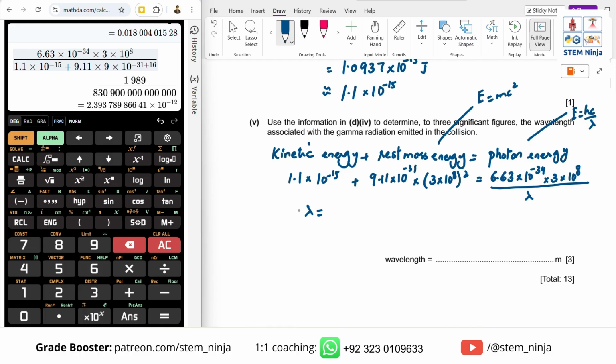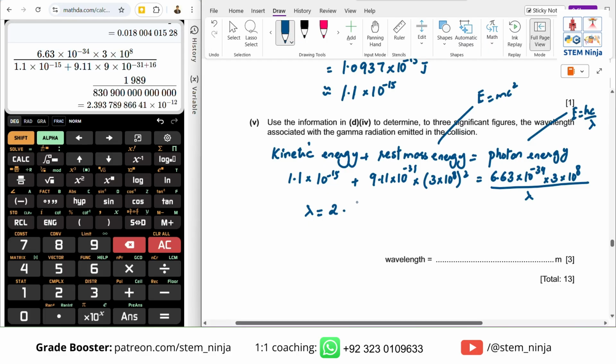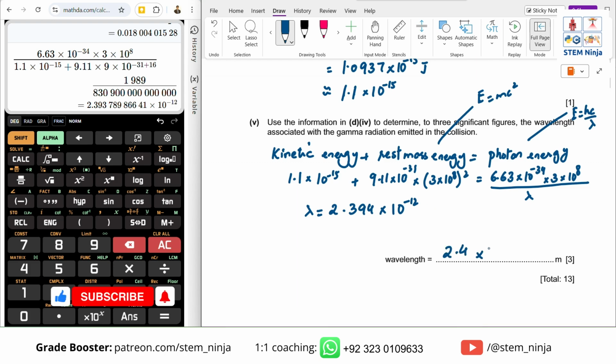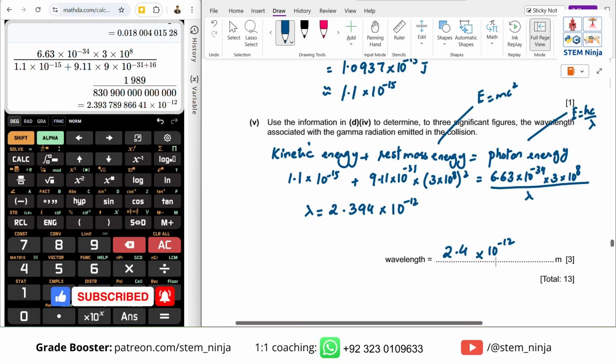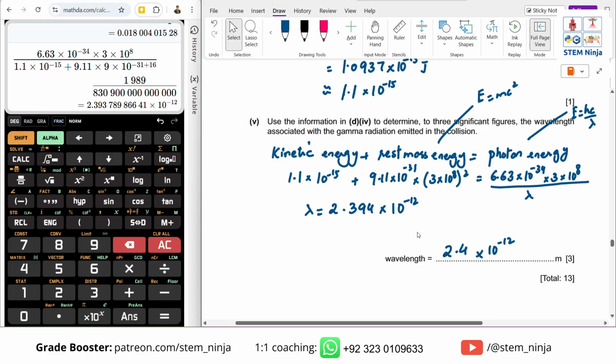So we get 2.394 times 10 raised to power minus 12. So this is roughly 2.4 times 10 raised to power minus 12. Okay, all right, moving on.